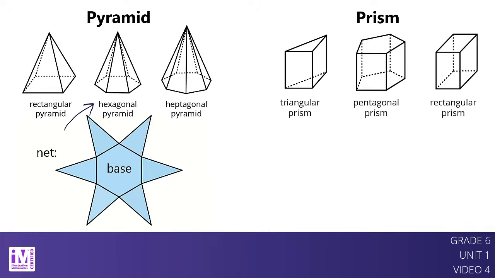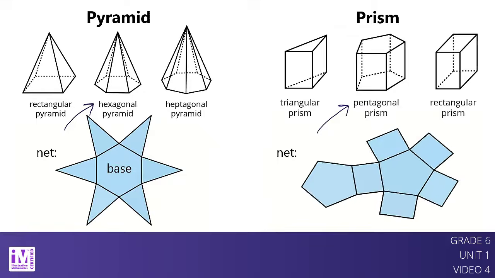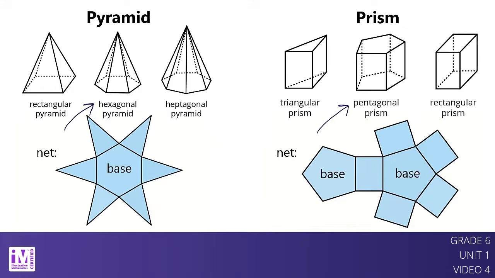For example, if the base is a pentagon, then it is called a pentagonal prism. The net of a prism has 2 copies of the polygon that is the base. The rest of the polygons are rectangles or parallelograms.